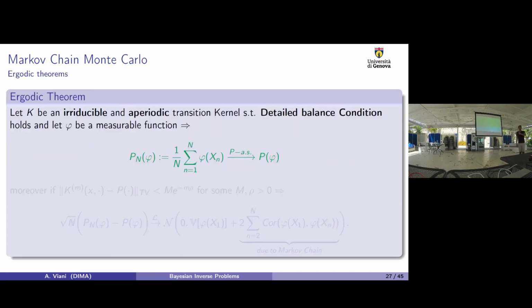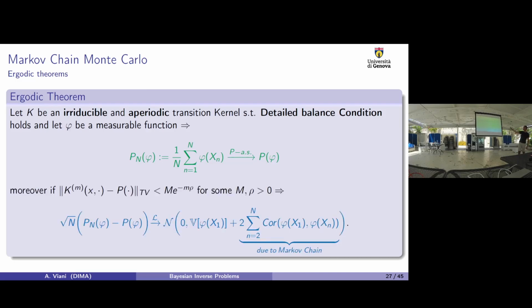Okay, so with this information, we are able to write down the ergodic theorems, and I hope that you can distinguish between the two colors. The first one, I don't write down, read the hypothesis if you want. The first one is the strong law of large numbers.